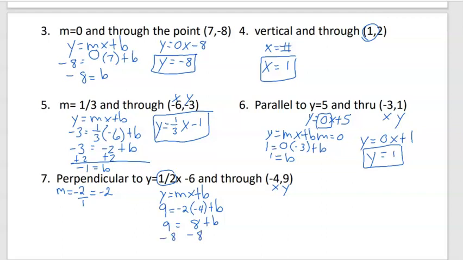Subtract 8 on both sides. I get that 1 equals b. So for filling in y equals mx plus b, I have y equals negative 2 for the slope, x plus 1 for the b.